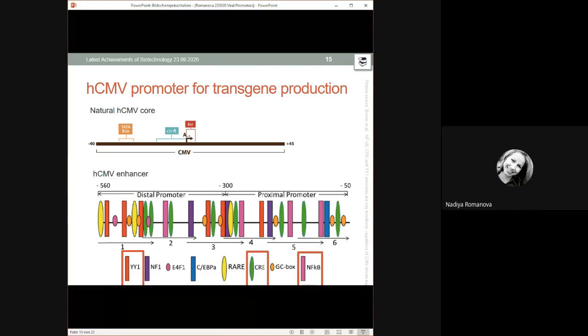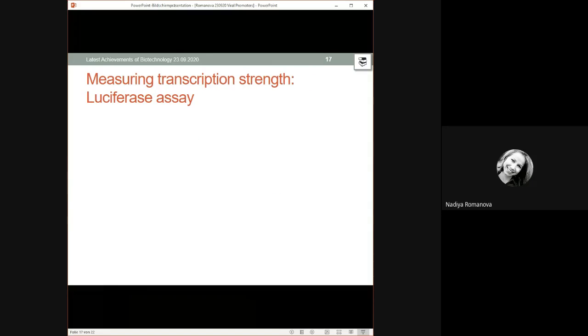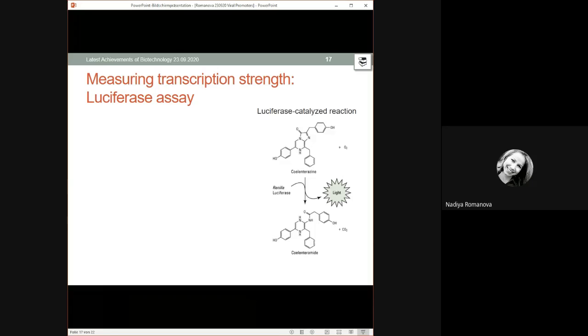So these are the factors which are used for the mammalian cells. So here is the overview of the differences between mammalian endogenous promoters and the viral promoters. The transcriptional strength can be measured by the luciferase assay, which is based on the Renilla luciferase signal.